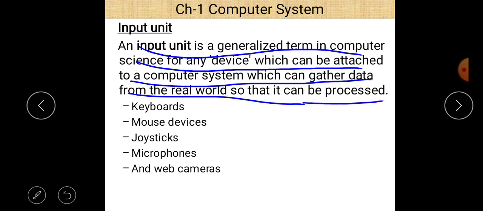Different input units are given here: keyboard, mouse, joystick, microphone, web camera. These are all input units. That is the definition of an input unit.